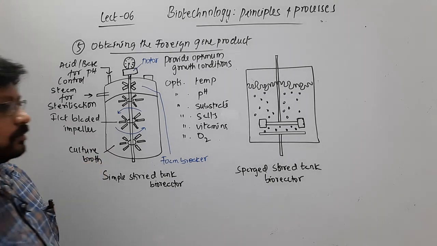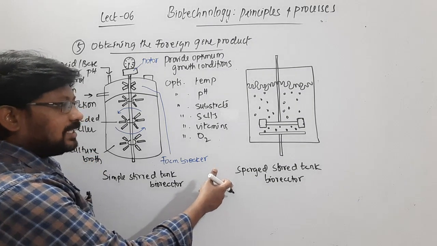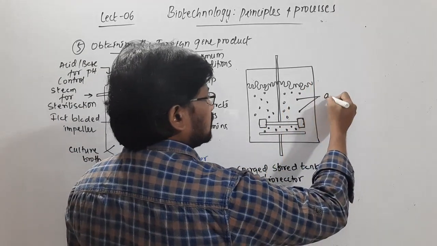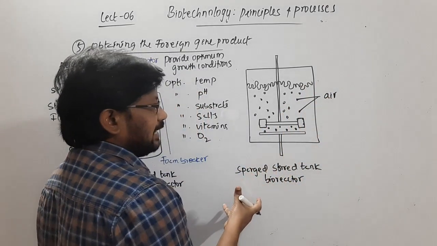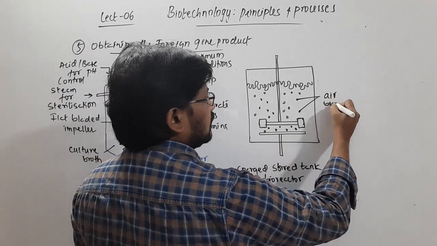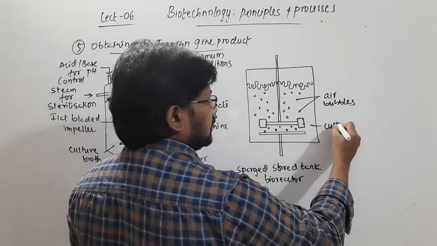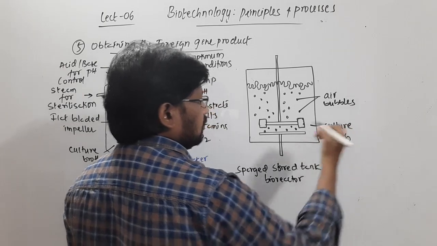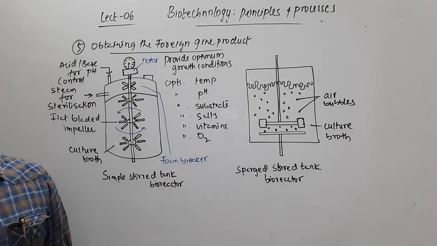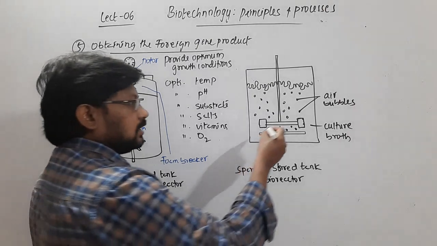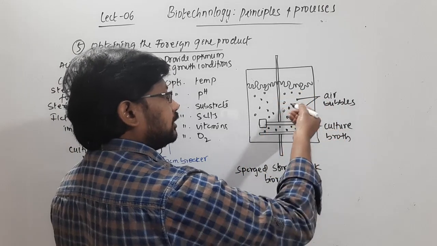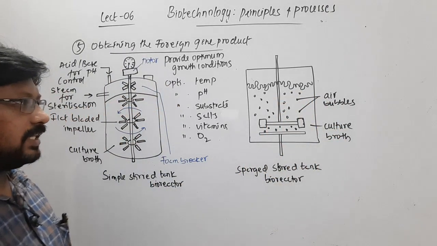Coming to the sparged stirred tank bioreactor, here we see air bubbles. Sparging is passing air bubbles through the liquid medium. These are air bubbles, and this is the culture broth. You can see the air bubbles coming from the bottom, and this will be rotating so that the contents are mixed well, and these air bubbles increase the surface area.